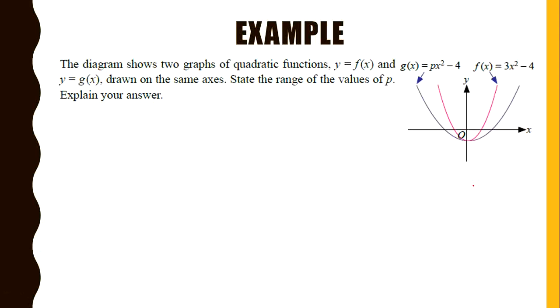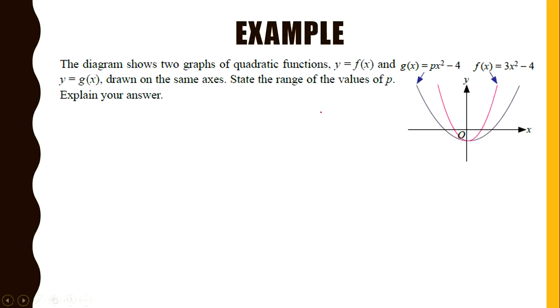Okay, next example. The diagram shows two graphs of quadratic functions, y equals to f(x) and y equals to g(x), drawn on the same axis. Okay, dalam satu ni, kita ada two graphs kan.